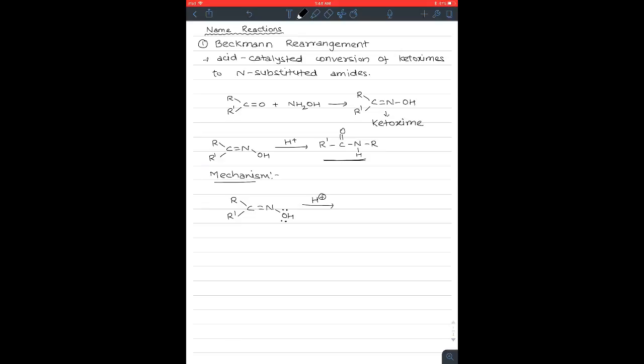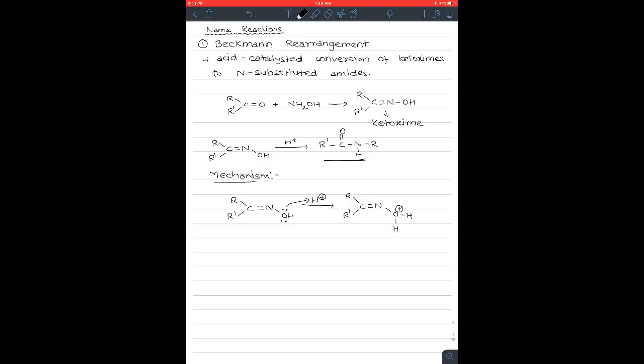And in chemical reactions, the electron rich species attacks the electron deficient species. So oxygen is going to attack this hydrogen. The product formed is RCR dash double bond N, and this part will be converted to OH2 positive charge. O is developing positive charge because it has donated a pair of electrons to H+.